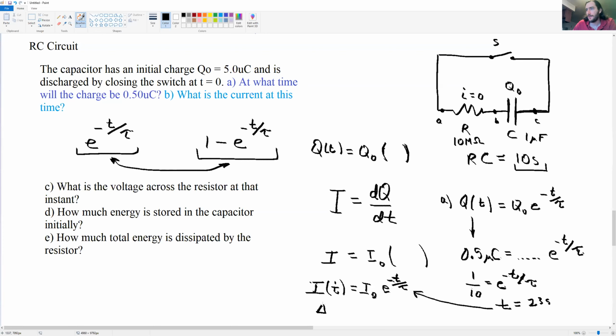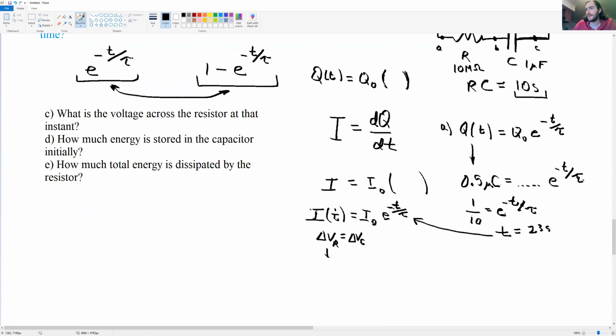So the potential difference across the resistor is going to be equal to the potential difference across the capacitor. On the left-hand side, that is equal to I times R. And on the right-hand side, that is equal to Q over C. And so we can divide R to the other side here.